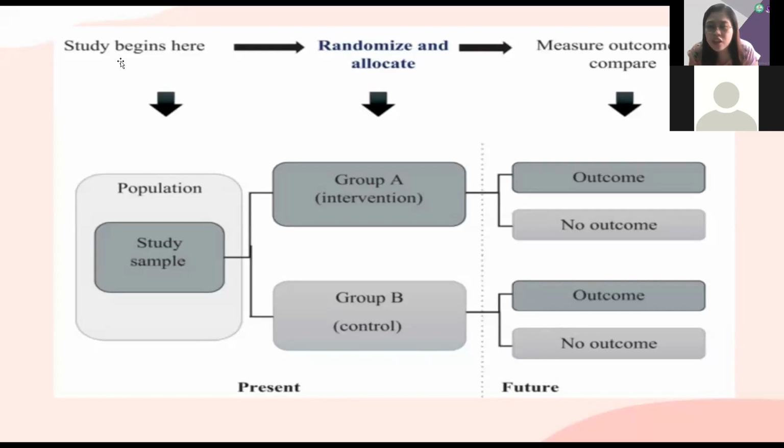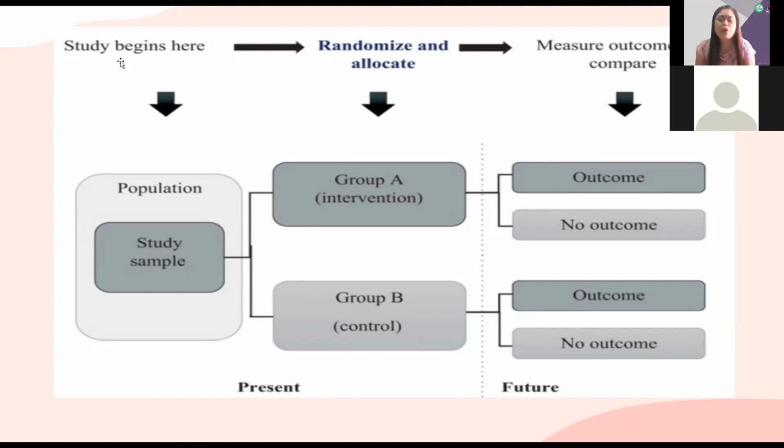First, group A, those that will receive the intervention, and group B will be the control, most likely the group that will not receive the intervention. And then, in the future, we will measure the outcome and compare them para makaingon nato if effective imong intervention or dili, based on the outcome in the future. But again, when you say experimental, there is an intervention, there is the control, and there is the randomization.